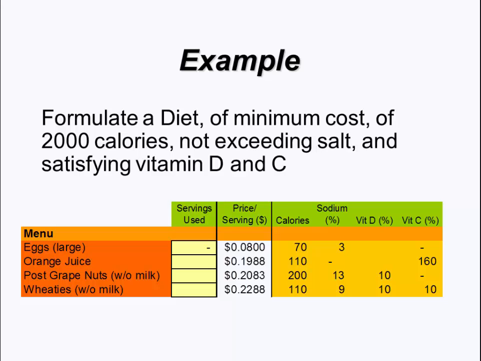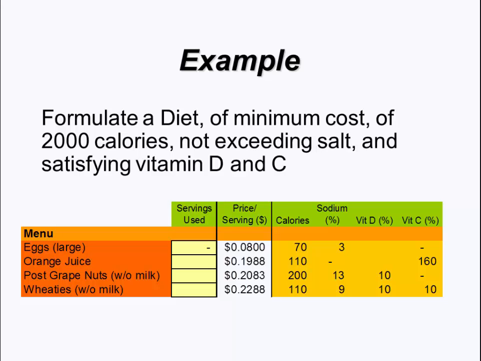We do the calorie line first. So for each constraint, you need to have a function that calculates the value of the thing that you're limiting. And then on the right-hand side of that, you put the value that you need it to stick to, the value that you're holding it limited to. So we need a function right here that tells us the quantity of calories we are going to get with the decision that we make.